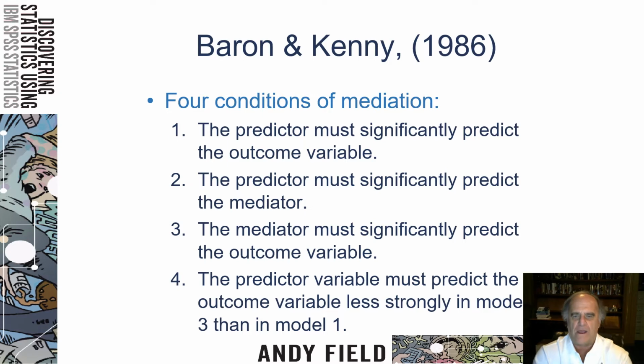And 4, the predictor variable must predict the outcome variable less strongly in model 3 than in model 1. So when we get to model 3, when we're partialing out the mediator, the effect of the predictor must be lower in model 3 than in model 1, if you understand that, I hope.